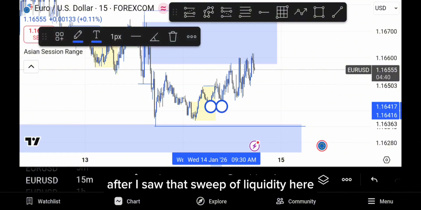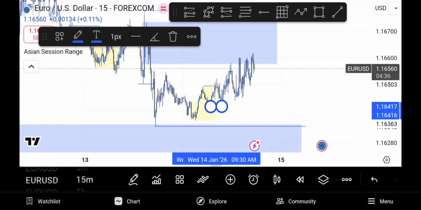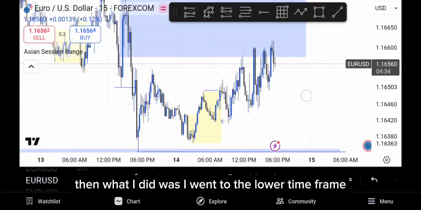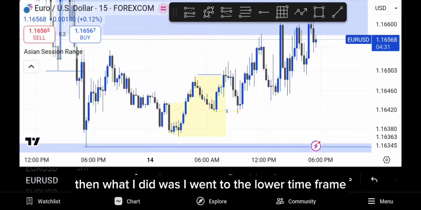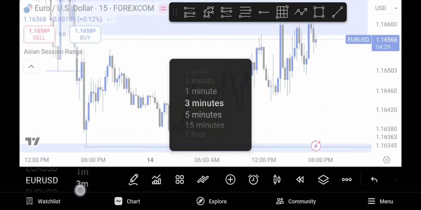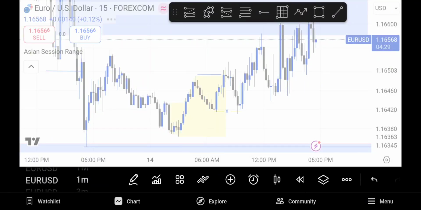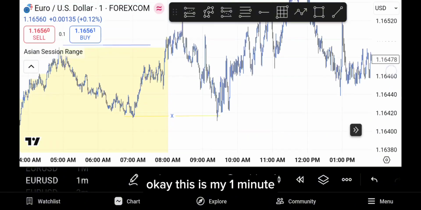After I saw that sweep of liquidity here, this sweep of liquidity, I went to the lower time frame, which is 1 minute, to look for entry. Okay, this is my 1 minute.